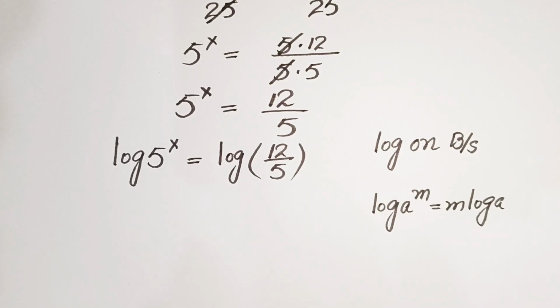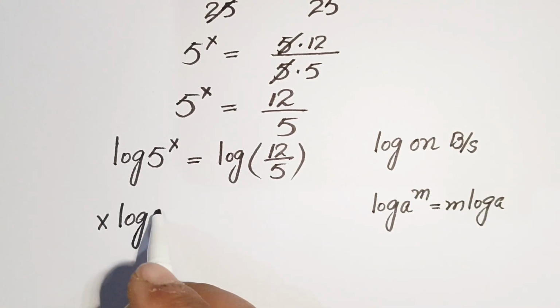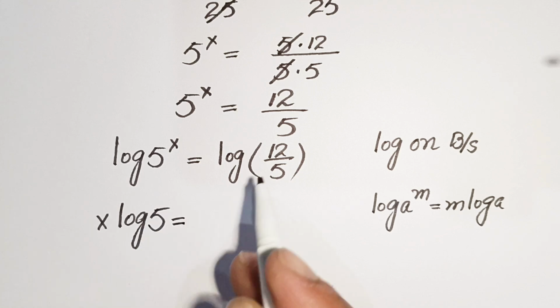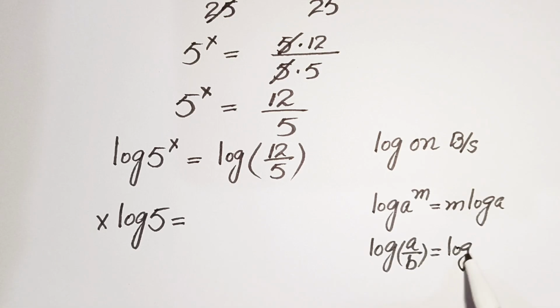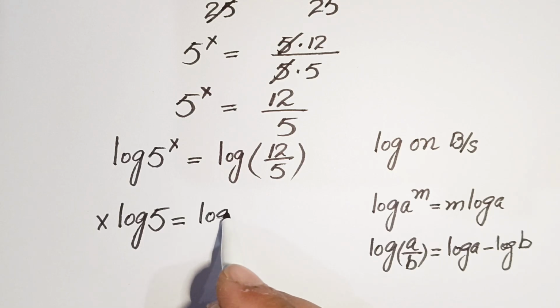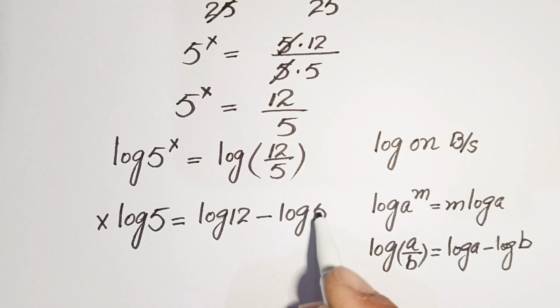So the left hand side will be x log 5, which is equal to, here we use the logarithm law that log a over b is equal to log a minus log b. So this will be log 12 minus log 5.